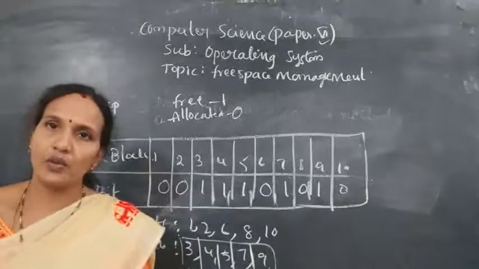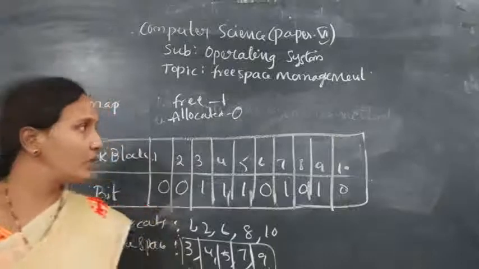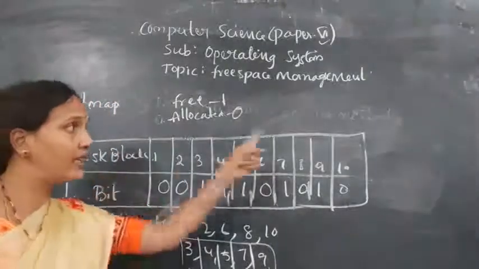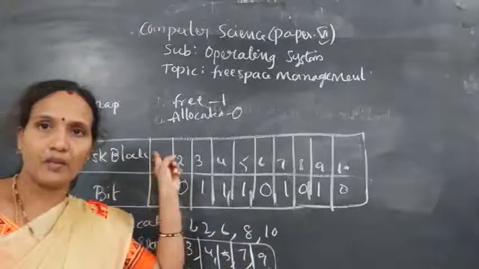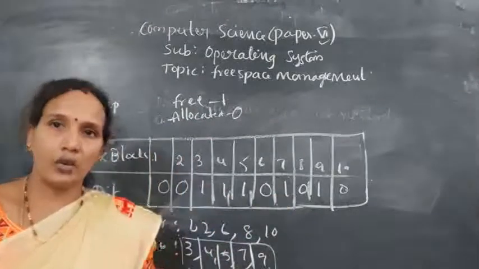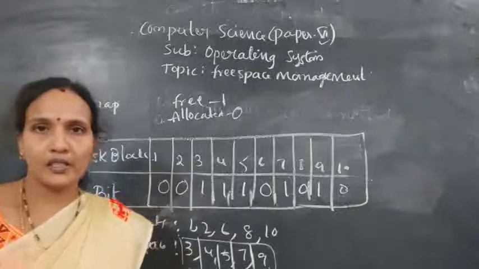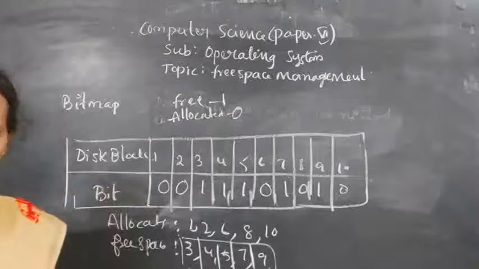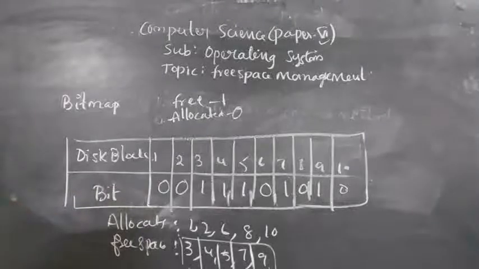Now come to the disadvantages. In the memory on the hard disk, a separate block is maintained for the bitmap, so it is an overhead. Only the bitmap information is stored on the hard disk, and that is the overhead.